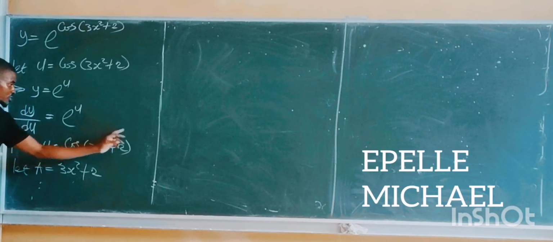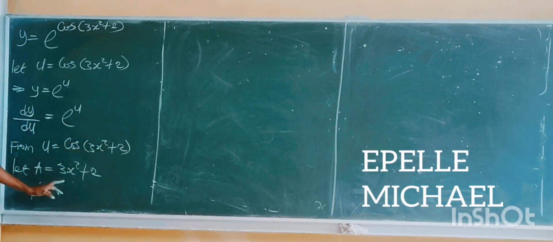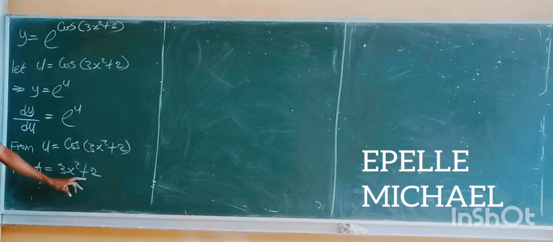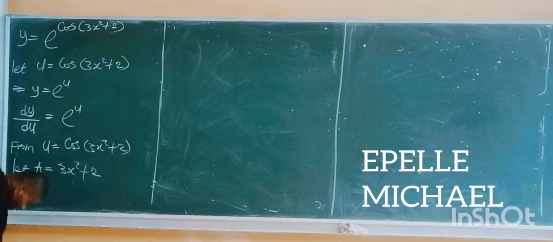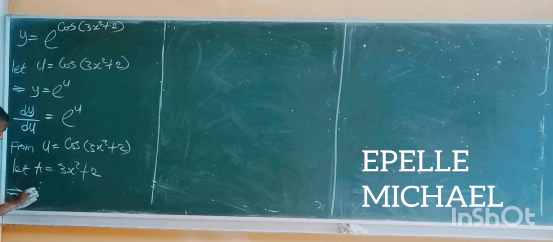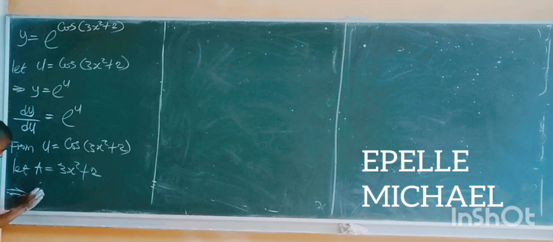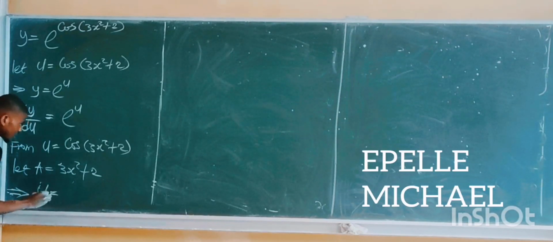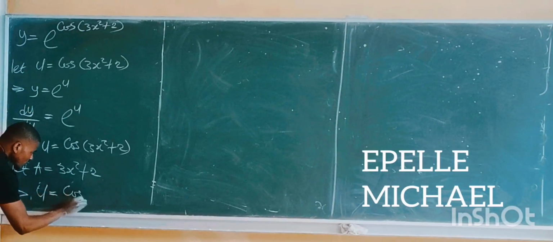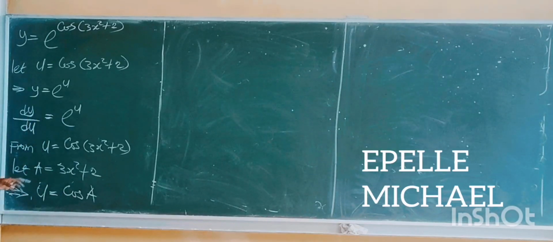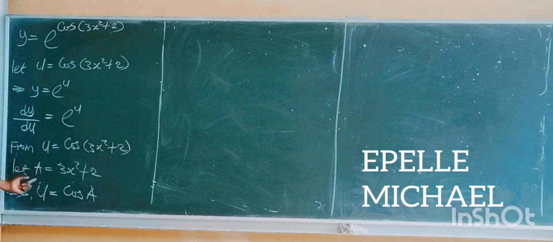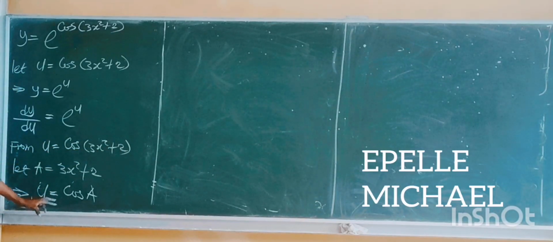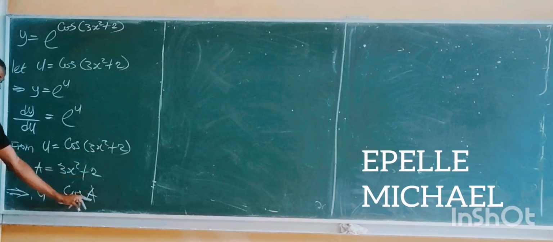So let the whole of this value, 3x squared plus 2, be called a. This implies that u is actually cos a, because in place of this value we have a.